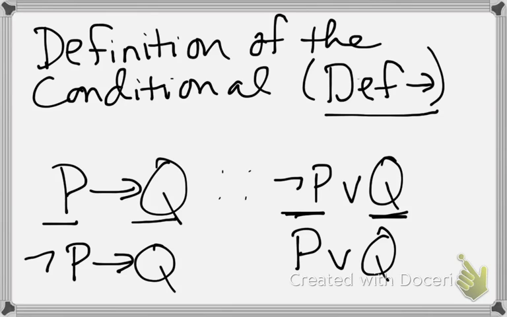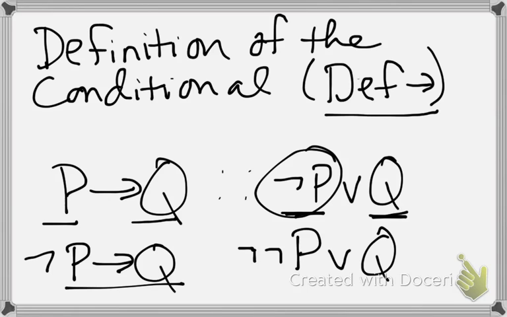So the way the rule is set up, you have to have a negation on the left disjunct of the disjunction before you can do def arrow on it. So in order to get this into a state where we could do it, we'd have to double negate the P. And then we're good to go. Then we can get not P arrow Q. That's exactly what we would get from not not P or Q, because when it moves from the disjunctive form to the conditional form, you end up with one less negation on the P.